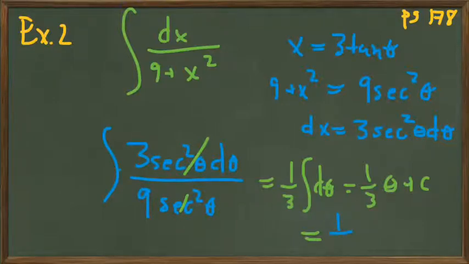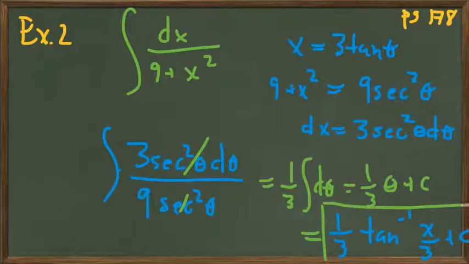In this case, it is 1/3 tangent inverse of x over 3 plus c, and we can see that that's coming from solving this equation right here for theta. This is an integral form that we also derived by taking the derivative of inverse trig functions, the tangent inverse, back in Chapter 7. So let's move to the third example.